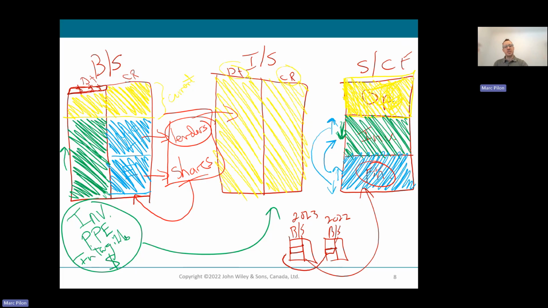So the dividends paid can be part of financing activities, and the interest is part of the income statement, so it's part of operating activities. So now we have dividends paid as part of financing activities and interest paid as part of operating activities. So we just established that they're similar, but now we're presenting them differently.